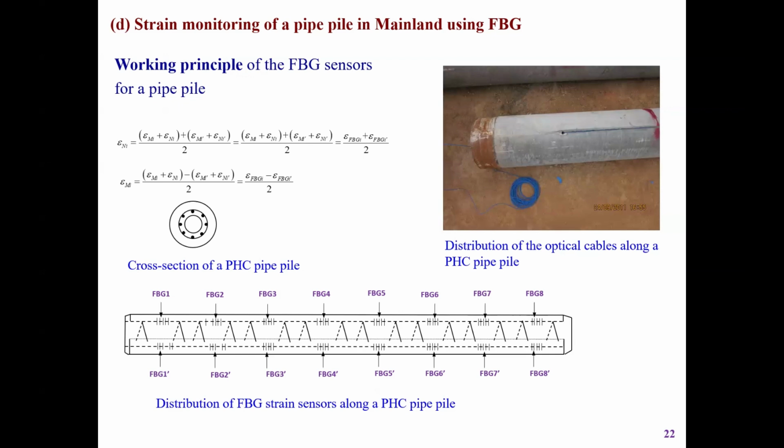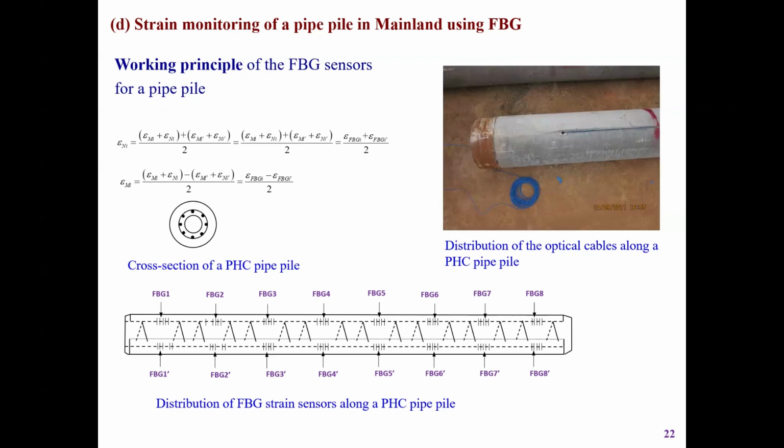We are more interested in the side friction, which is one important part of pile bearing capacity. If we know the total force and the side friction, then the end bearing, the resistance at the tip of the piles, can also be calculated. So this is another way to convert strain to friction on the piles.